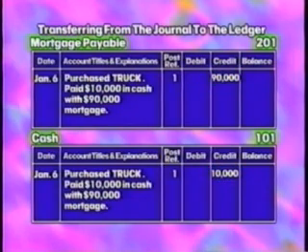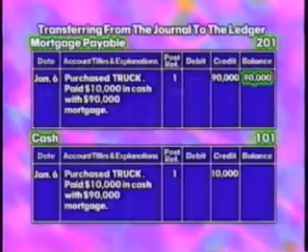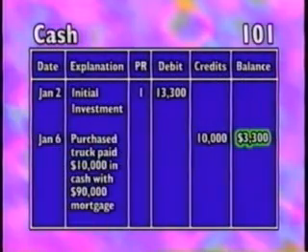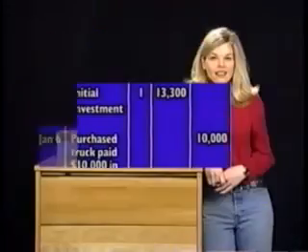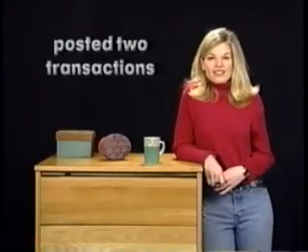At the end of this transaction, the mortgage payable account has a credit balance of $90,000 because it was zero and we increased it by $90,000. The cash account now has a debit balance of $3,300. Why? Because it was $13,300 after the initial investment, and we just decreased or credited it by $10,000, leaving a $3,300 balance. We've now posted two transactions to the ledger.